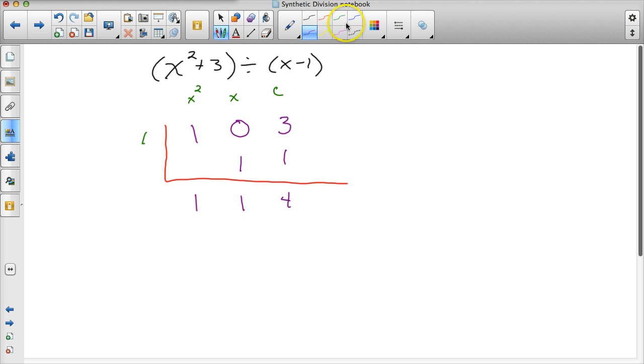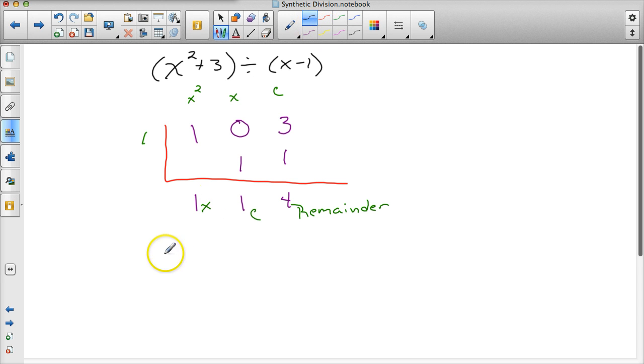What do I know that I have now? I know that this becomes an x term, and this becomes a constant. So what is 4? It's the remainder. That means that if 4 is a remainder, x minus 1 is not a factor of x squared plus 3.